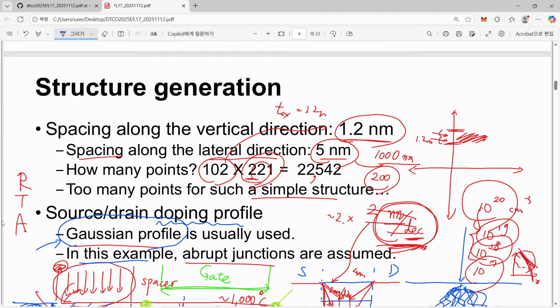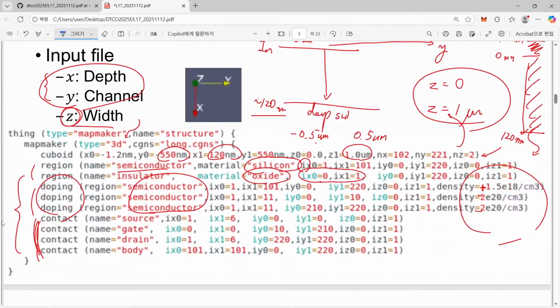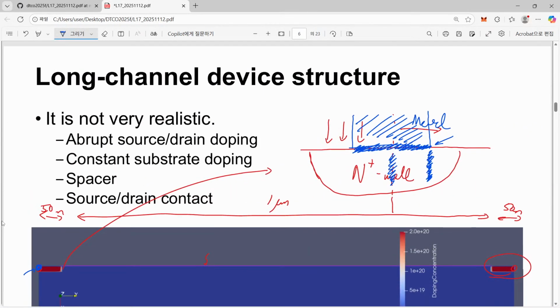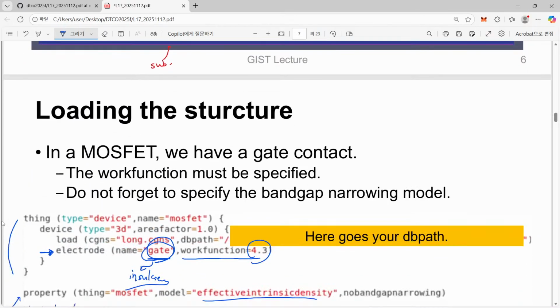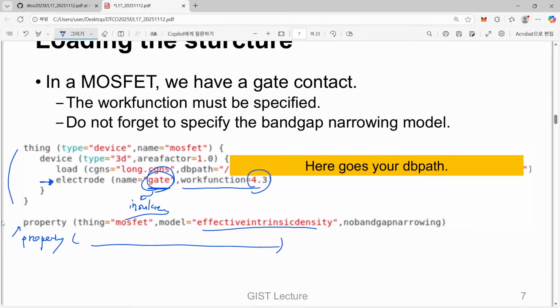Then if you wanted to change to 5.0 eV, in your loading statement you must say this should be 5.0 eV. So this is required for your MOSFET simulation.